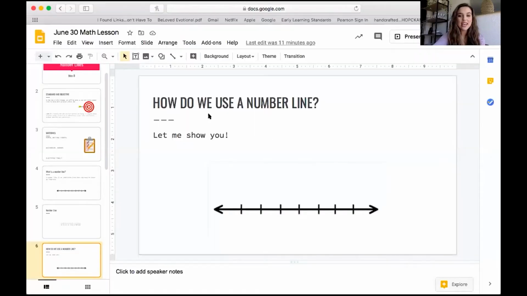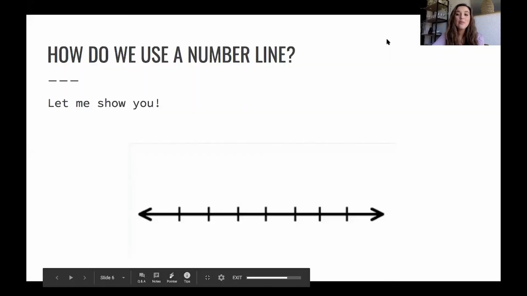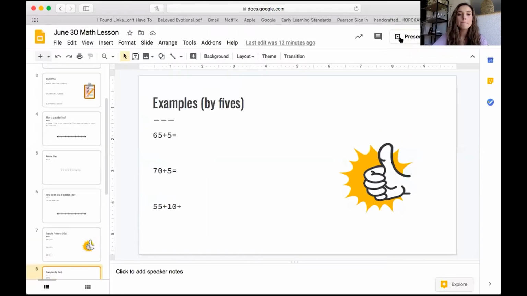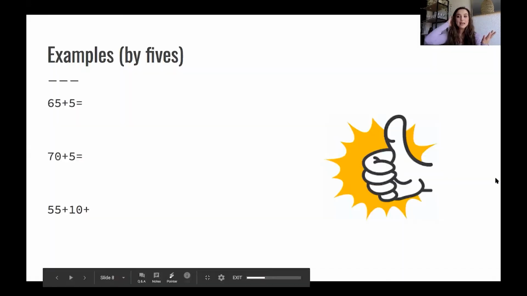Okay, I would love to show you guys my presentation again so that we can go over how we are going to use this when we get a subtraction or addition problem. All right, so we have examples by fives. The first problem I'm looking at here is 65 plus 5.